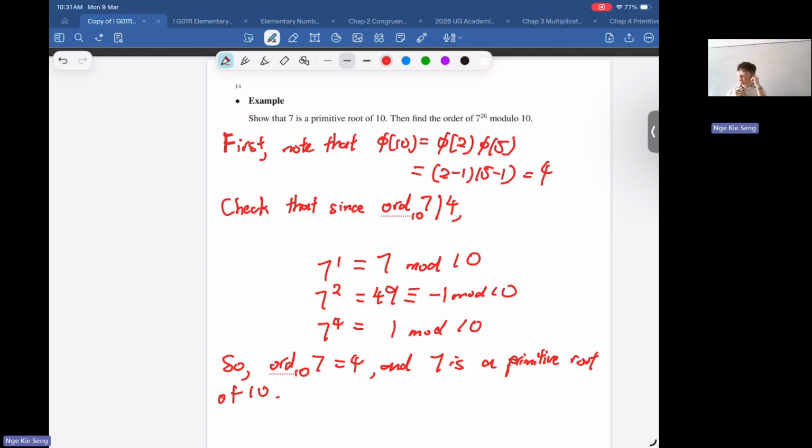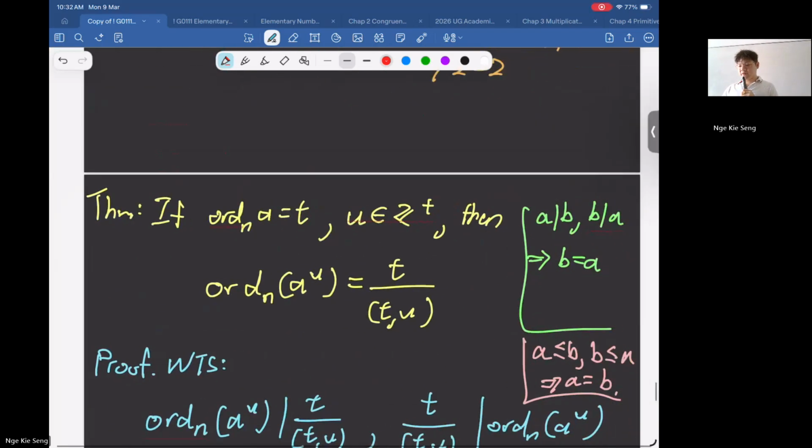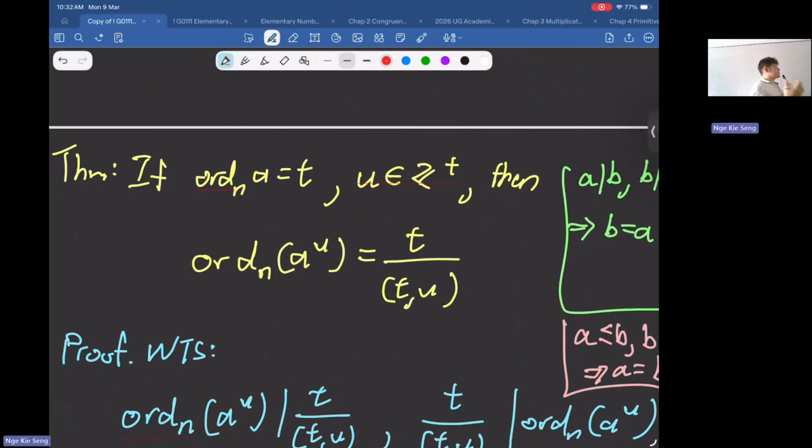Okay, so you know the order, and then you want to find the order of the power of 7. So what do you do? What's important here? Look at this statement. If you know the order of A, then you will know the order of A to some power.